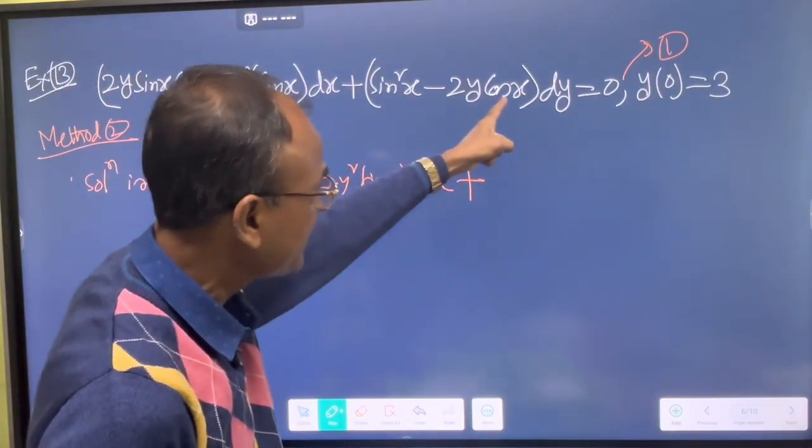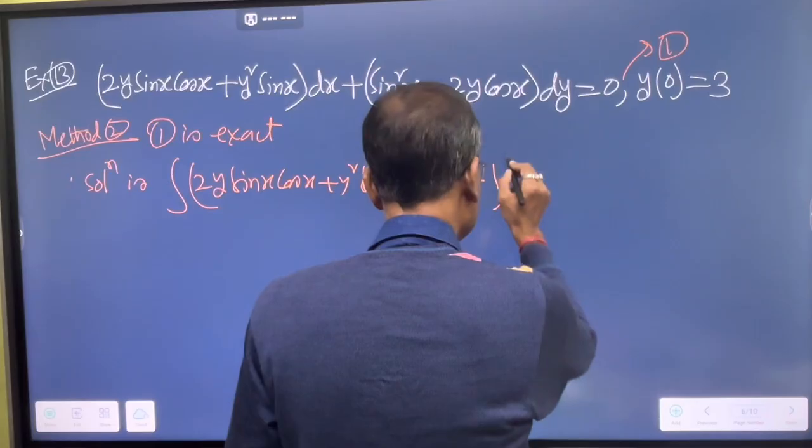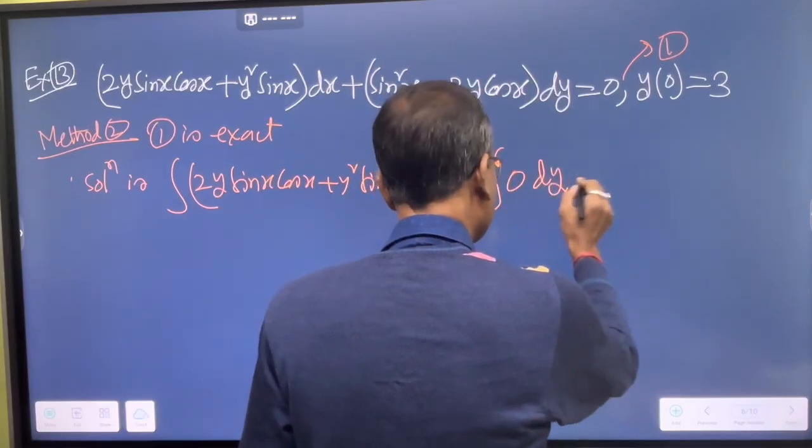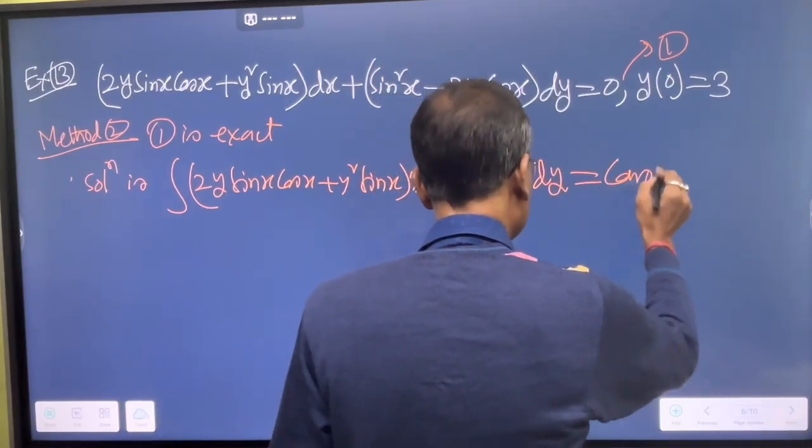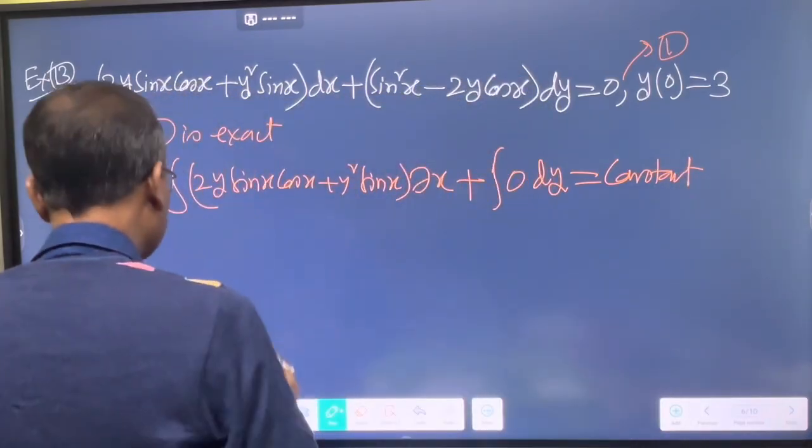It also contains x. Therefore, it will be 0 dy equal to constant.